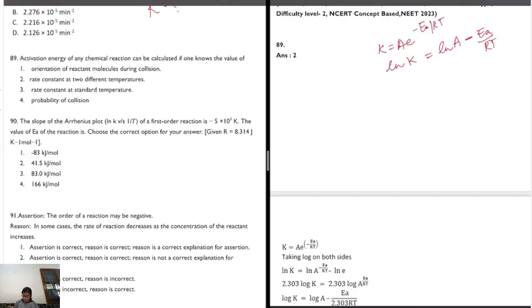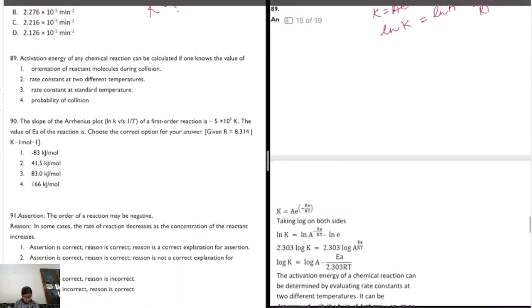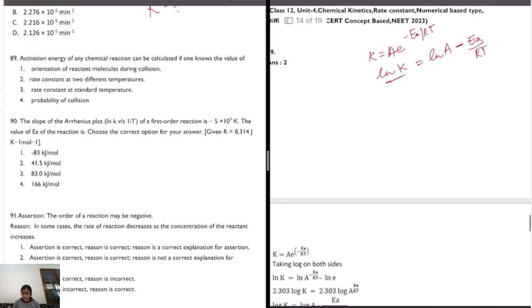Okay, then see, what is required is, if we take ln scale at two different temperatures, then we'll have k1 and k2, alright.